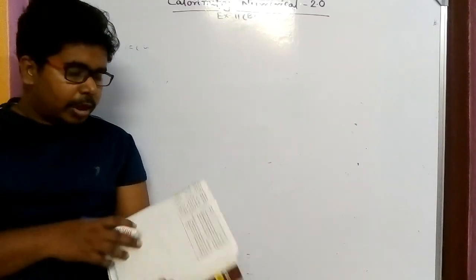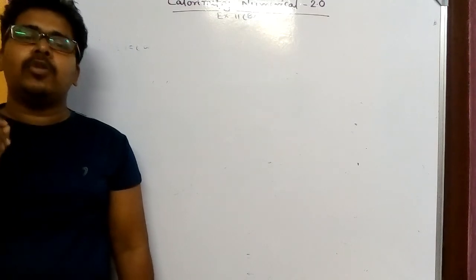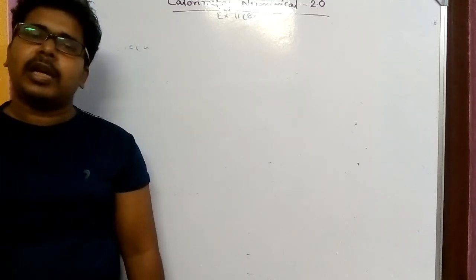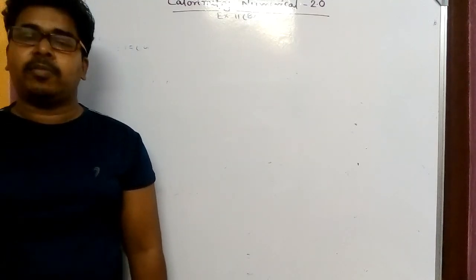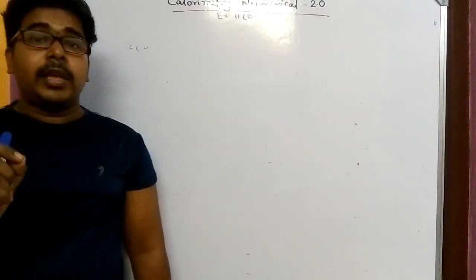Out of the total 12 numericals given here, 6 is a typical numerical, and that numerical comes in exams several times. See it and try to understand what process I have followed here.